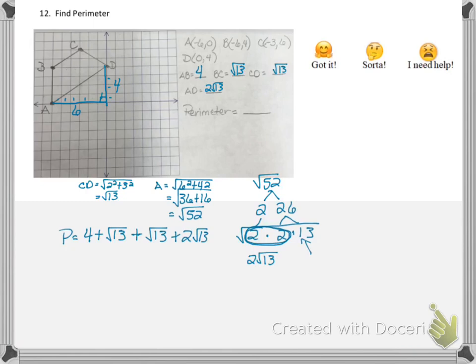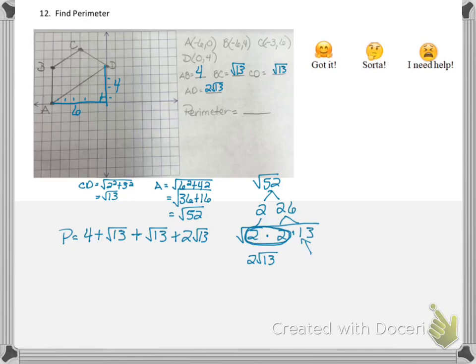Just on a side note, if I have x plus 2x, you would combine your like terms, and this would equal 3x. Well, that's the same thing we do with the square root 13. It is actually a number, but it can also be treated the same way as a variable.